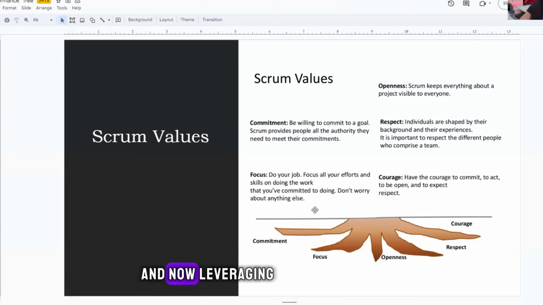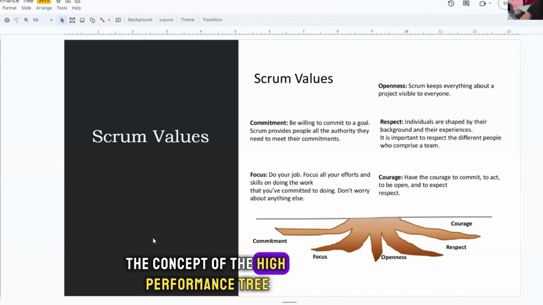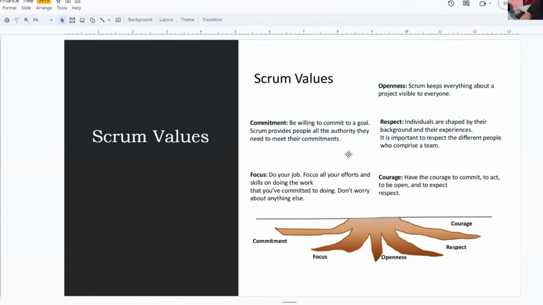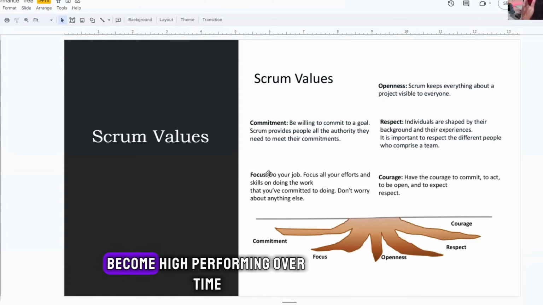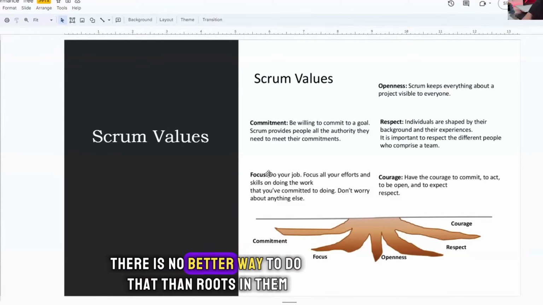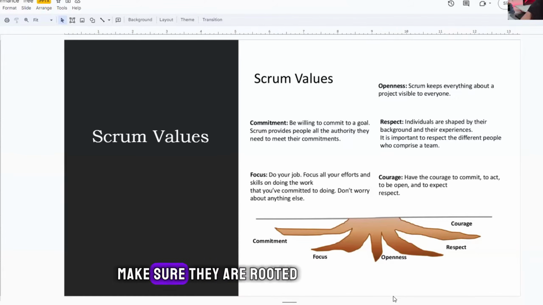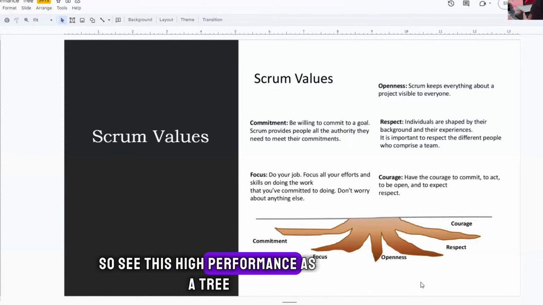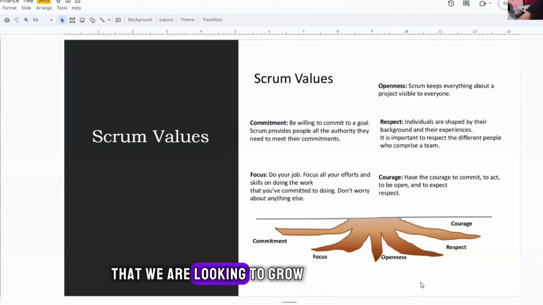And now, leveraging the concept of the high performance tree, Lisa Atkins mentioned that if we want our teams to become high performing over time, there is no better way to do that than rooting them, making sure they are rooted in the Scrum values. So see this high performance as a tree that we are looking to grow.